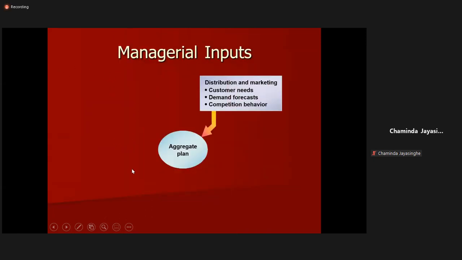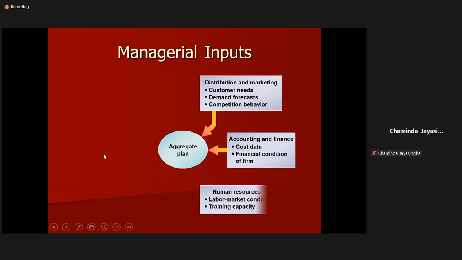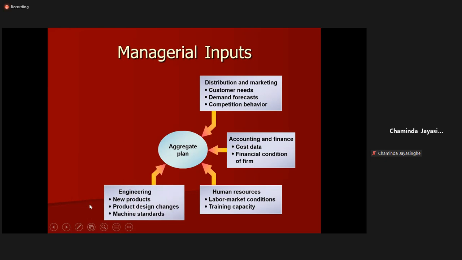So, managerial inputs for the aggregate plan: from distribution and marketing, you have customer needs, demand forecast and competition behavior. From accounting and finance, you can get cost data and financial condition of the firm. From HR, you can get labor market conditions and training capacity. From engineering, you can get new products, product design changes, and machine standards.